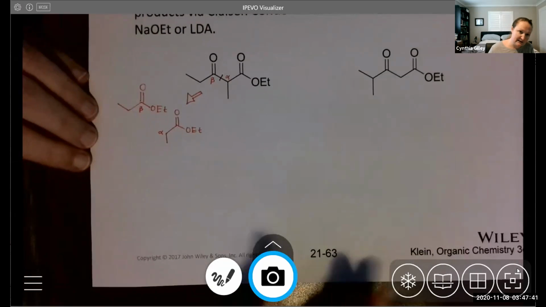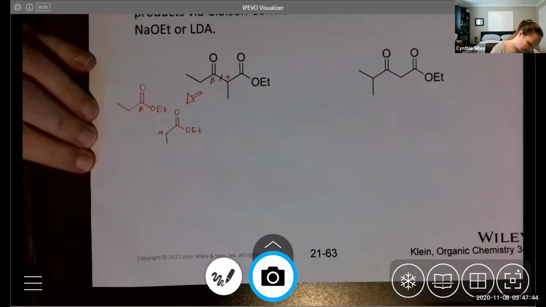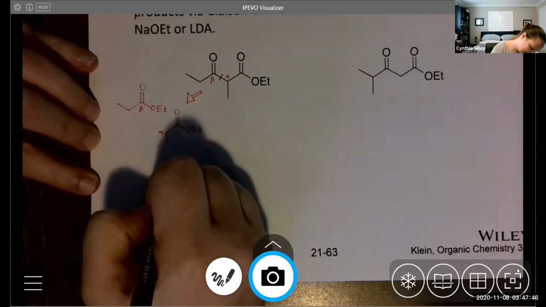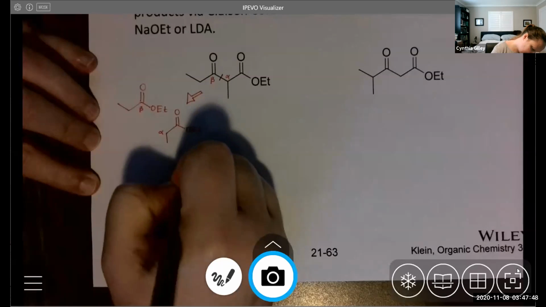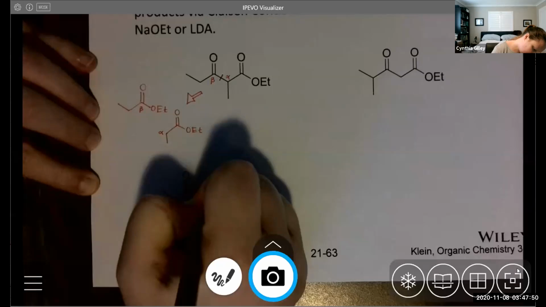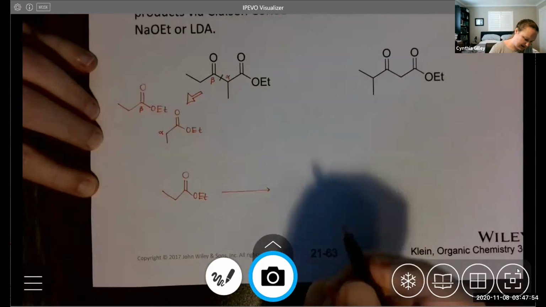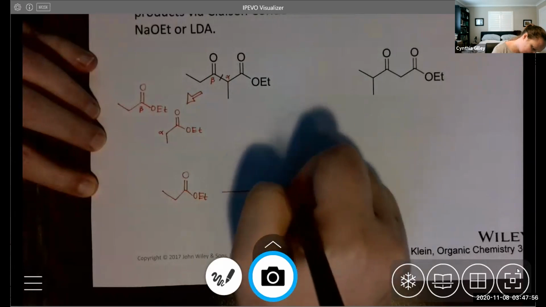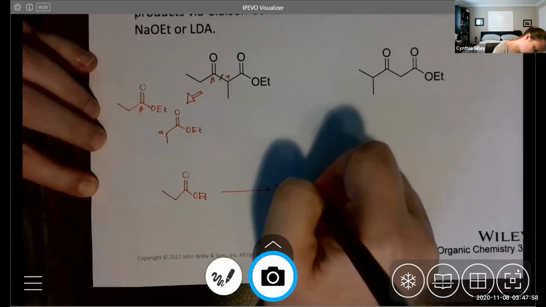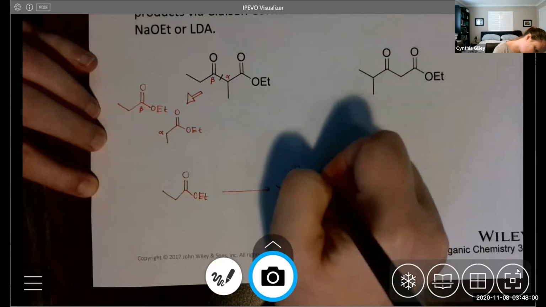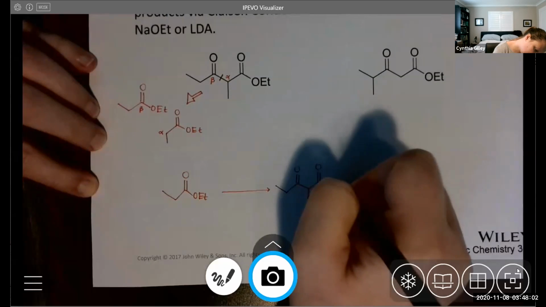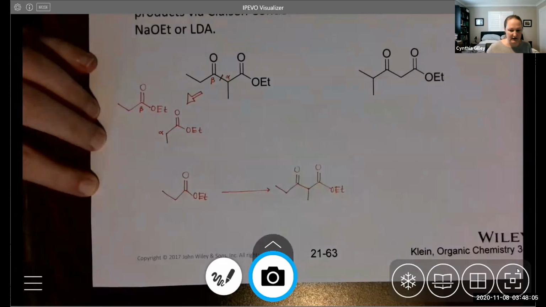So to draw out a typical Claisen condensation, we'll just draw out the ester once. Draw the arrow that then produces the product. And then add in the reagents.